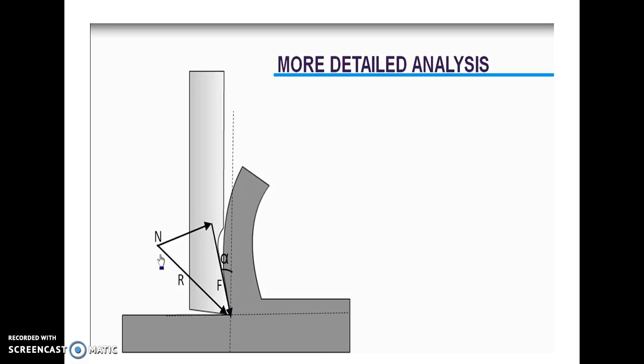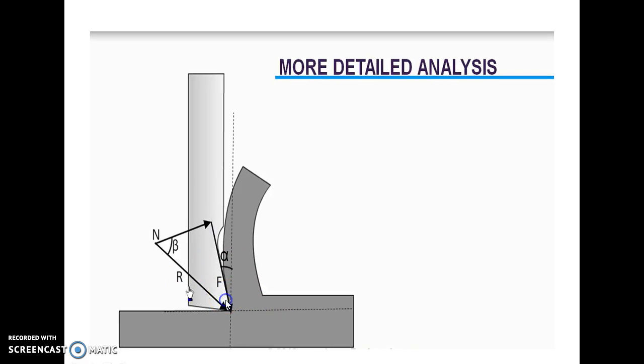So the resultant force acting on the chip will be like this, as a sum of the normal and frictional force. And you can determine the friction angle beta if you know the coefficient of friction between the chip surface and the cutting tool surface. So the resultant force R is acting on the chip on the cutting tool side.